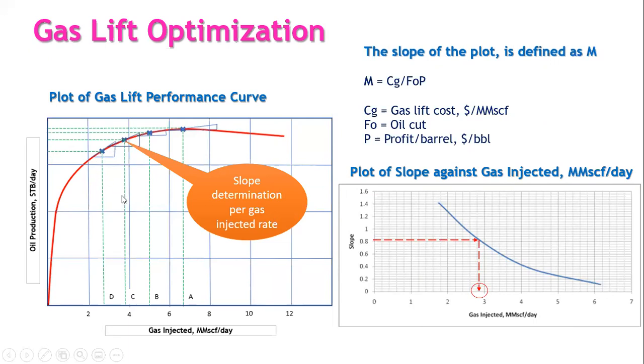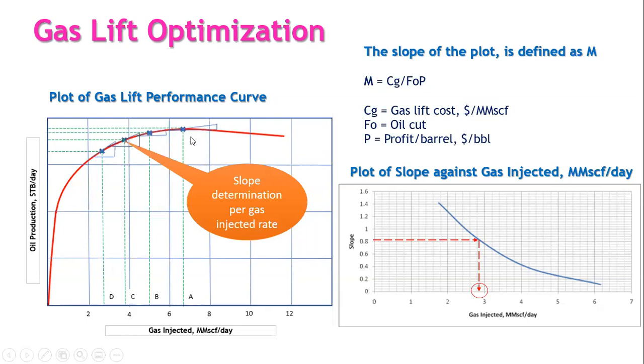After the production is stable, you increase the injection of the gas and get an additional oil production, and you continue the process. For each point, you are reading the tangent section.